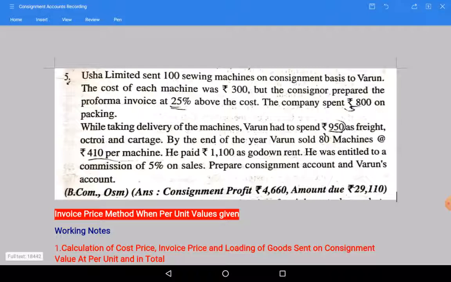If information is given on a per unit basis, it is easier for us to solve the problem than when the total value is given. If the total value is given, the calculations become a little critical, but where per unit information is given, we can easily calculate the data and then solve the problem.